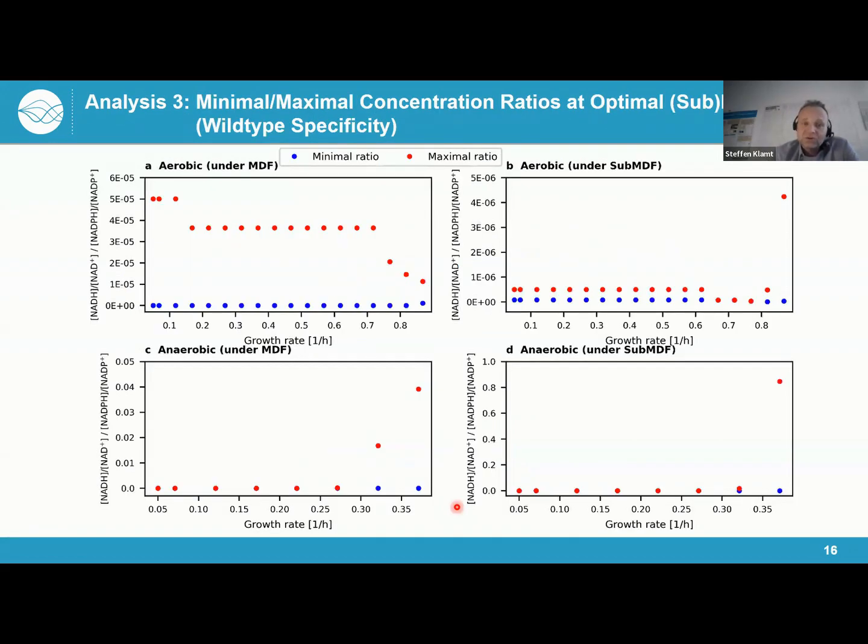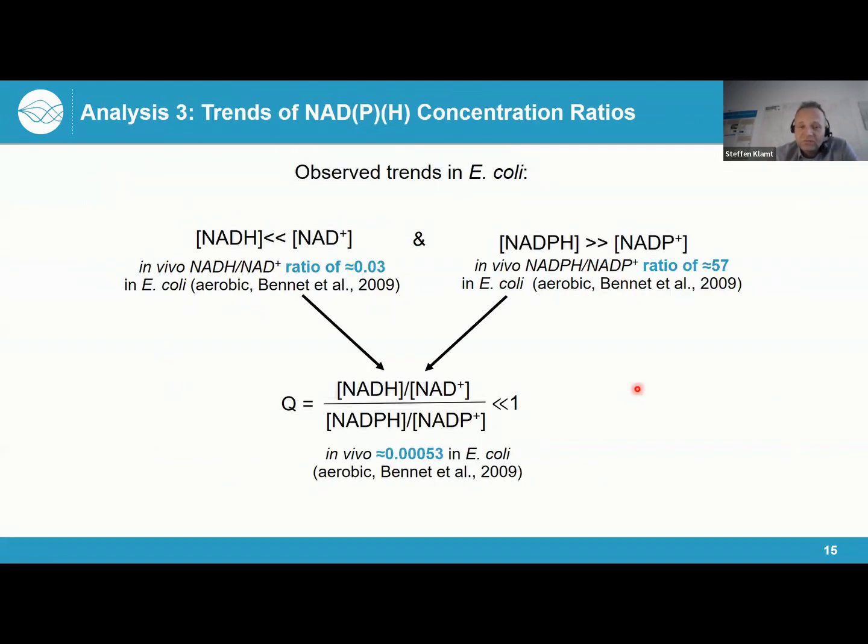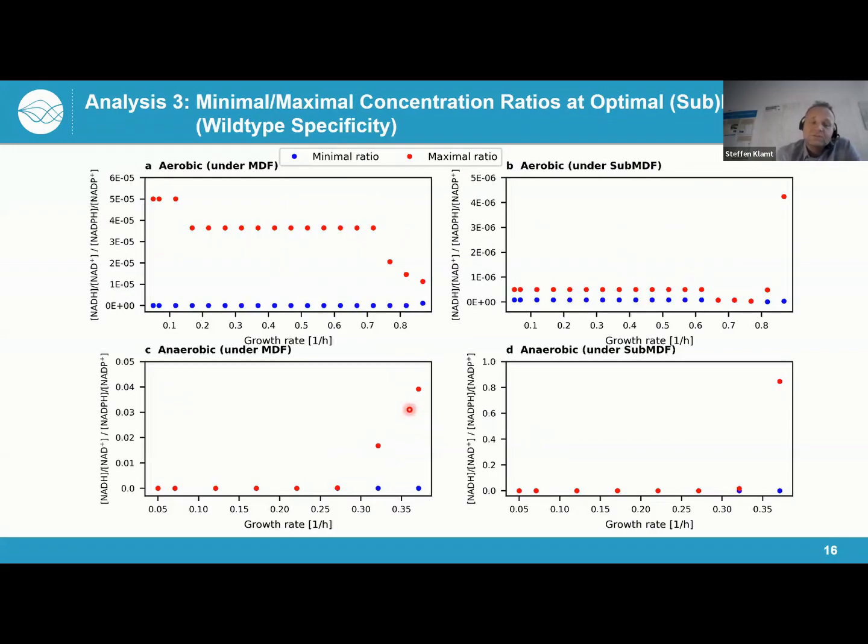So what we did is we took the Y-type specificity, and for each growth rate, we looked at the maximal MDF or maximal sub-MDF solution. And then we checked what are the feasible ranges for this ratio here. So in the following, when I talk about ratio, I always mean this ratio here. What are the feasible ranges of this ratio for the given growth rates?